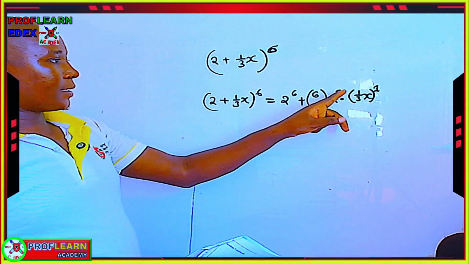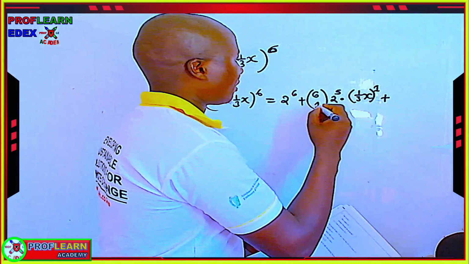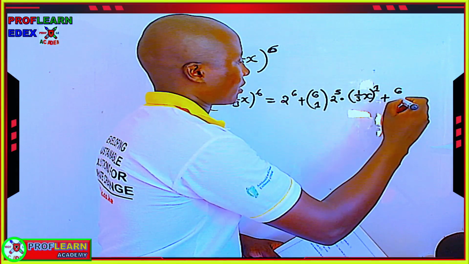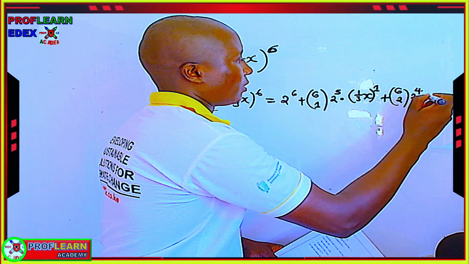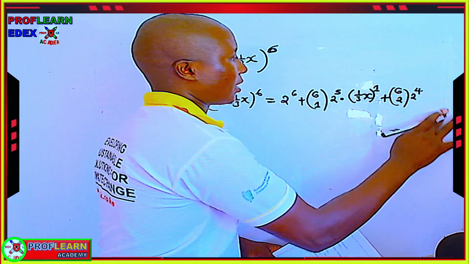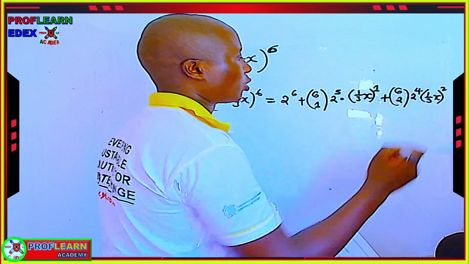Always, when you add these, they must give you 6. And then we are going to add the next term. This one is going to be 6 combination 2, 2 raised to power 4, and then 1 over 3x raised to power 2.